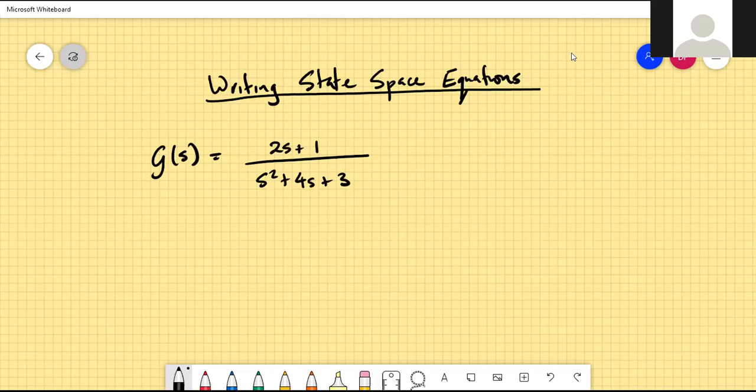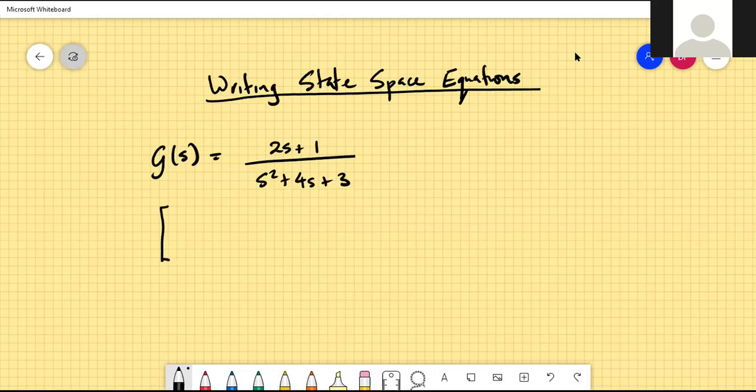And we want to write the state space equation for it. We won't be going back through writing the state space equation for a differential equation. What we want is to be able to look at this and write down the state space equation.